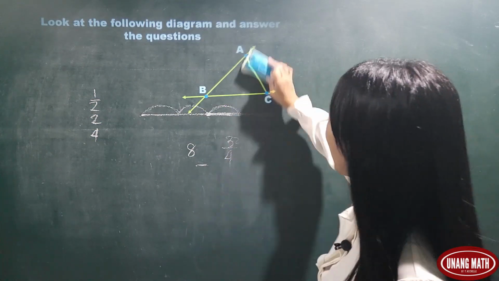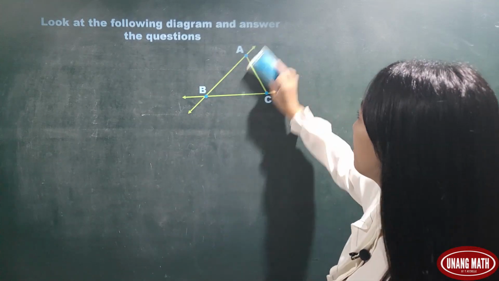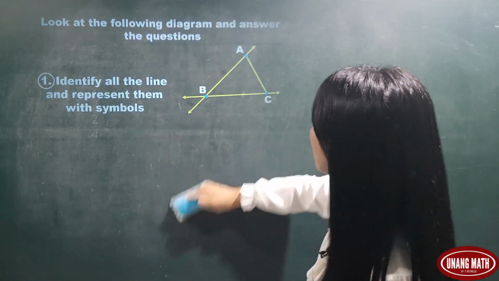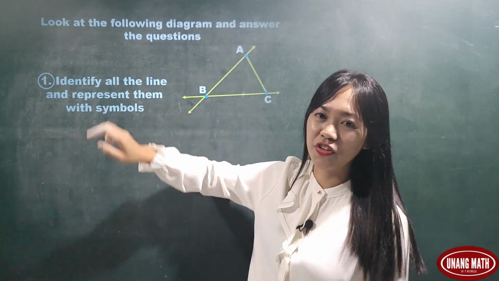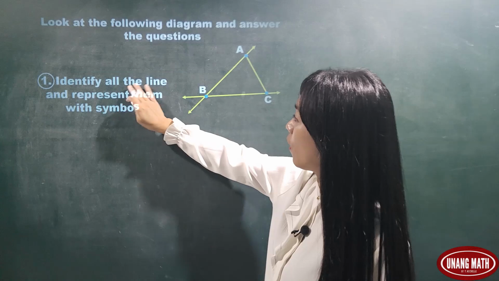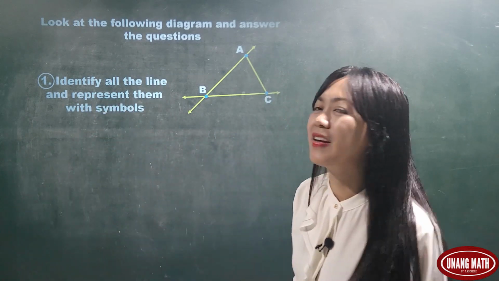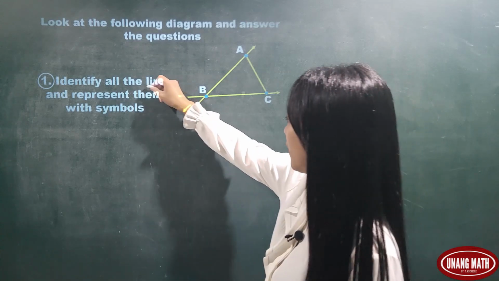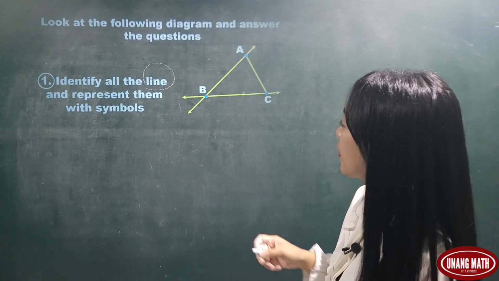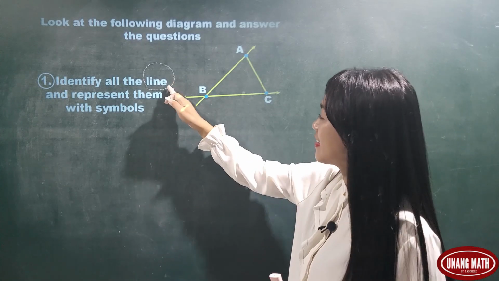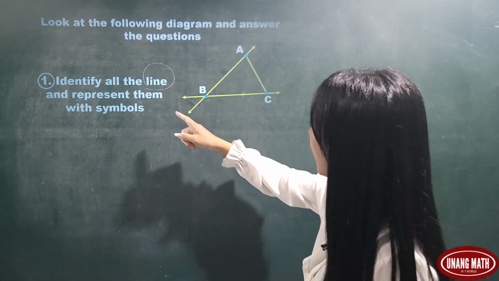Okay, this time let's answer this simple activity. Look at the following diagram and answer the questions. So this is our diagram, and our first question is: identify all the lines and represent them with symbols. Take note, lines can extend in both directions.